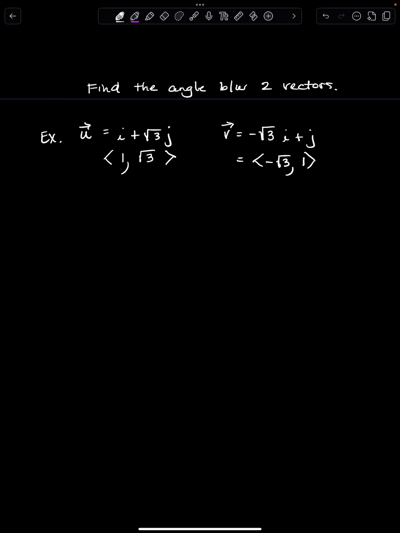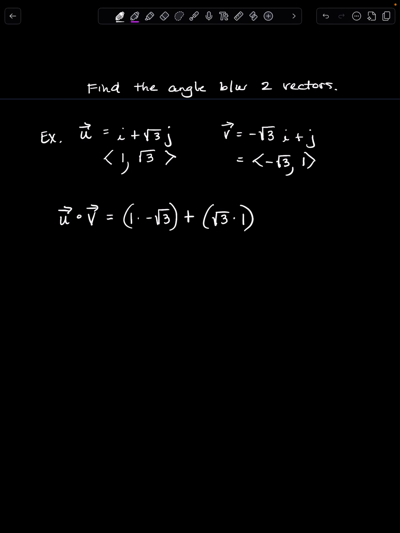All right, so let's find the dot product first. So the dot product here, so if you've got problems that are just asking for the dot product, remember what we're doing here. We're taking the corresponding components and multiplying them. So I've got 1 times negative root 3 plus, and then I'm multiplying the vertical components, plus root 3 times 1.